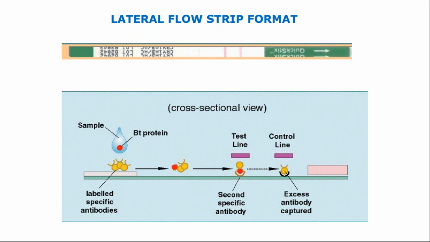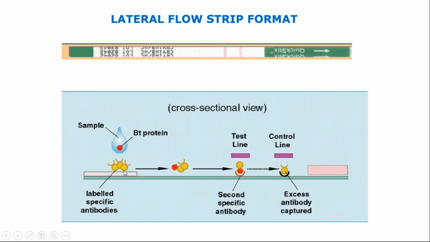So what is it that happens in a lateral flow strip? So you see, this is a lateral flow strip. If you look at a cross-sectional view of this lateral strip, at the bottom of the strip you have labeled specific antibodies which are immobilized at one end of it.